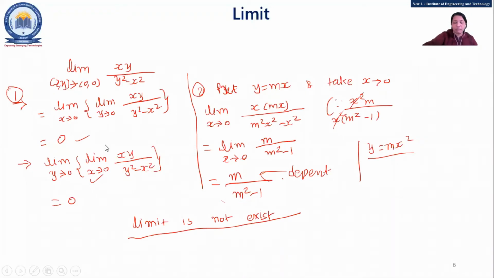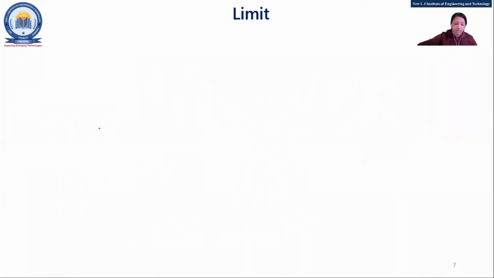So we'll take one more example: you are supposed to calculate limit xy tends to 0, 0, x square y upon x4 plus y square. Calculate it quickly.